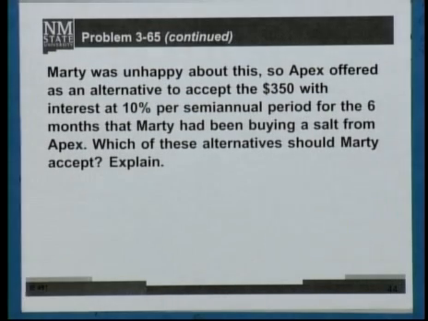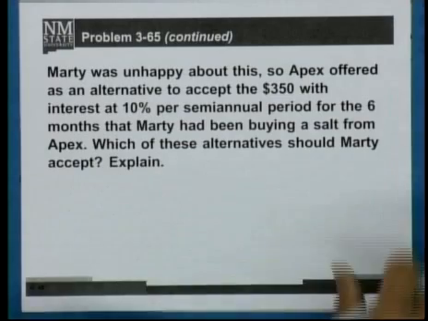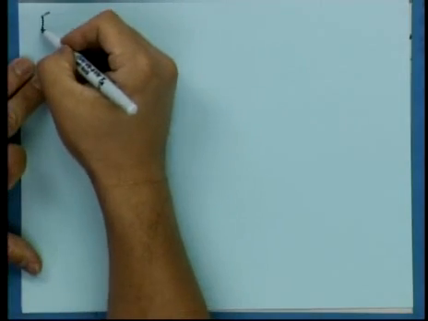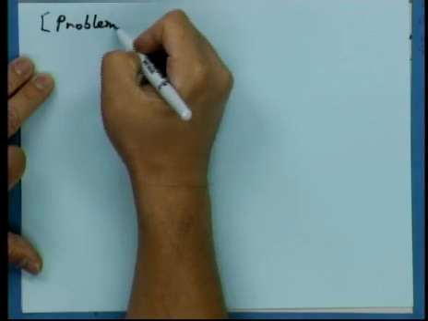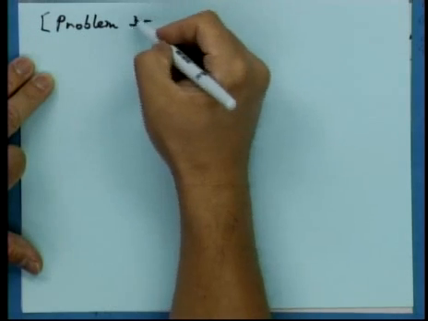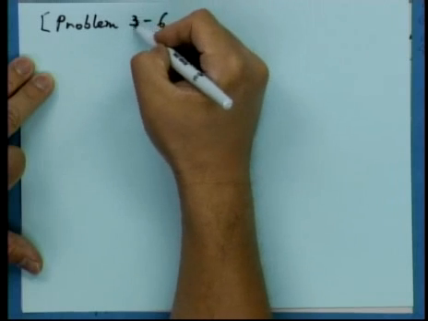Which of these alternatives should Marty accept? Explain. So we have a pretty long problem description for this problem. So we are solving the problem 3-65.